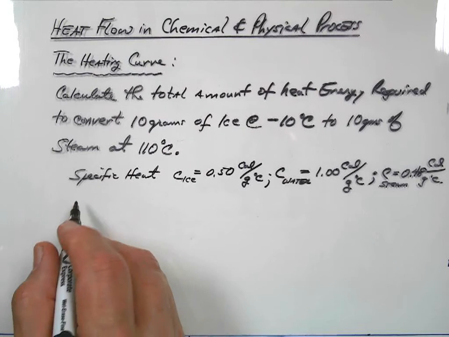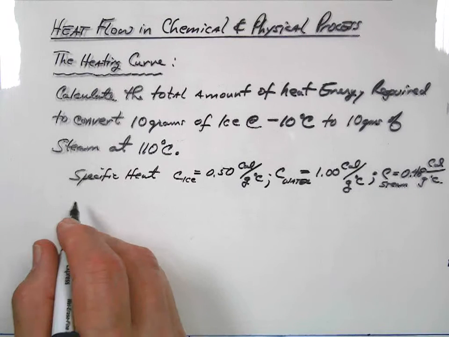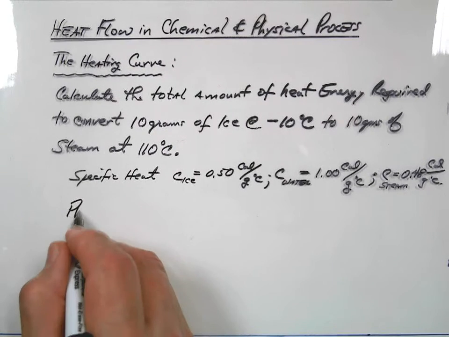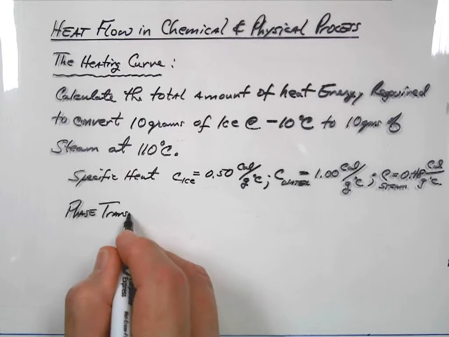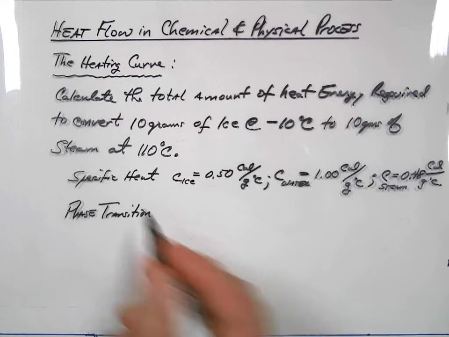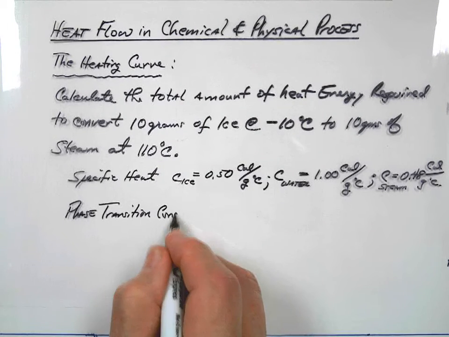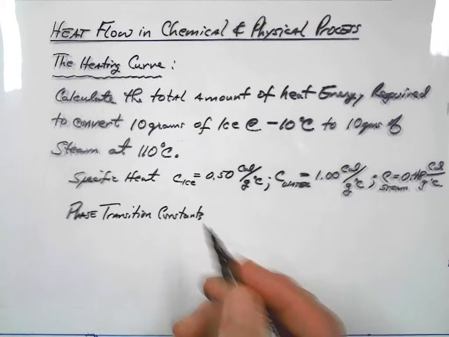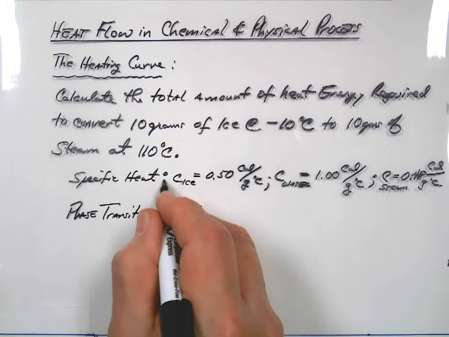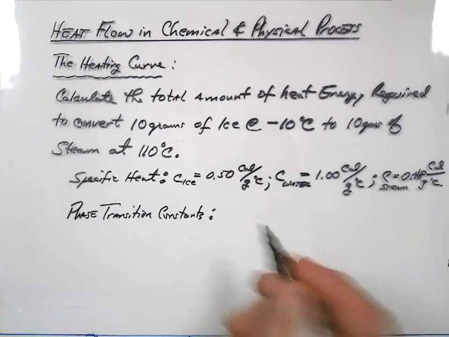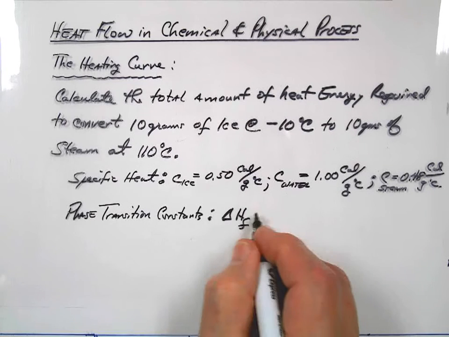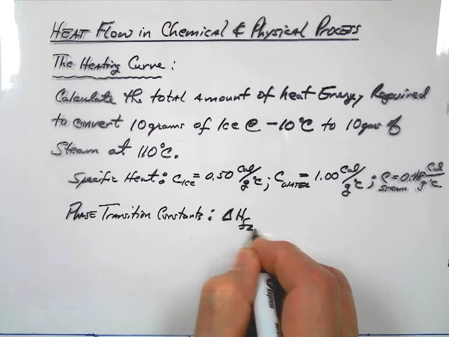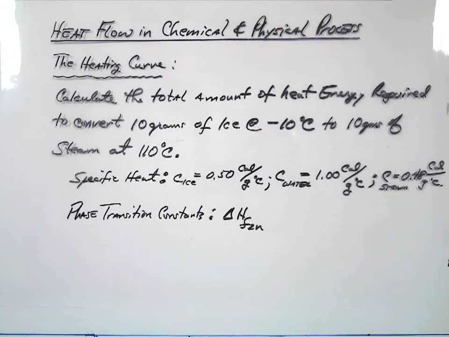The other constants that you'll use are phase transition constants. A delta H F, FZN, is not the heat of formation, it's heat of fusion.